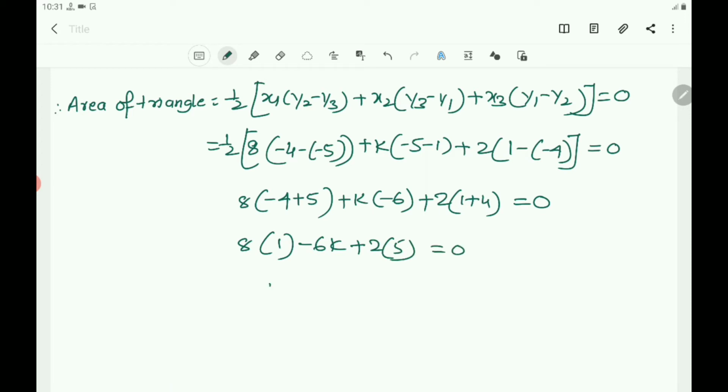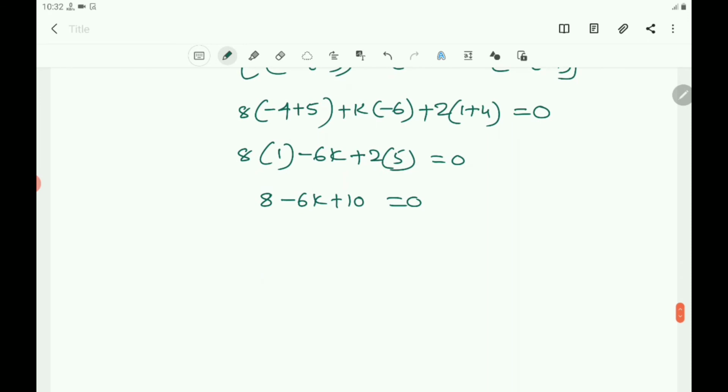Then it is 8 ones are 8, minus 6k plus 10 equals 0. Then 8 plus 10 is 18. 18 minus 6k equals 0. Then you write minus 6k equals minus 18.